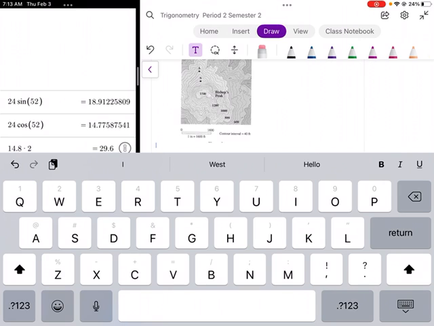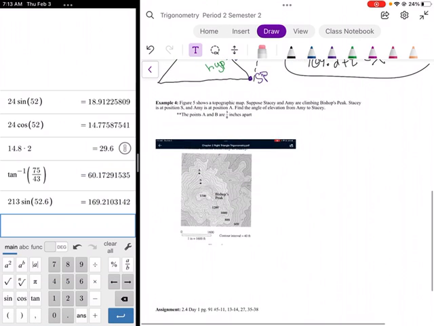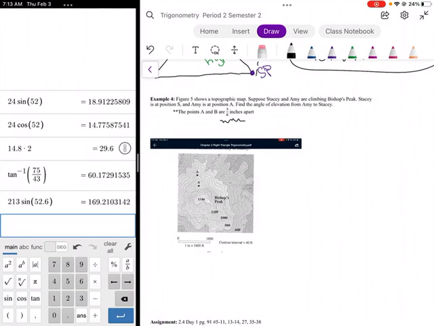So we've got our map, and they want us to find the angle of elevation from Amy to Stacy. So they already did the measurement for us. They are 3.8 inches apart. So if we use our key down here, we know 1 inch is equal to 1,600 feet.